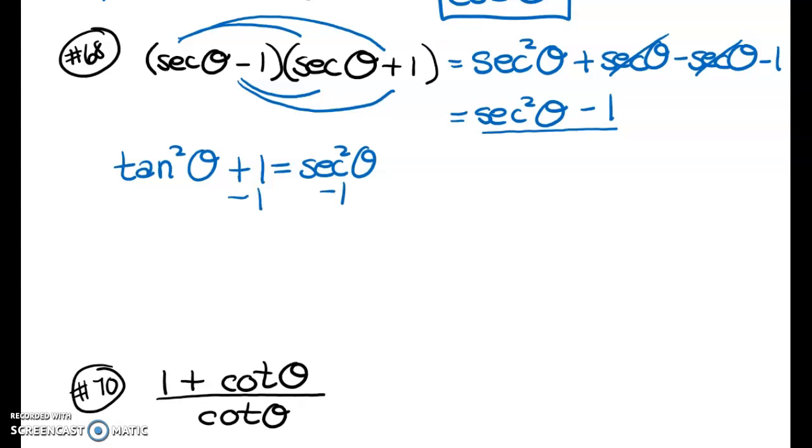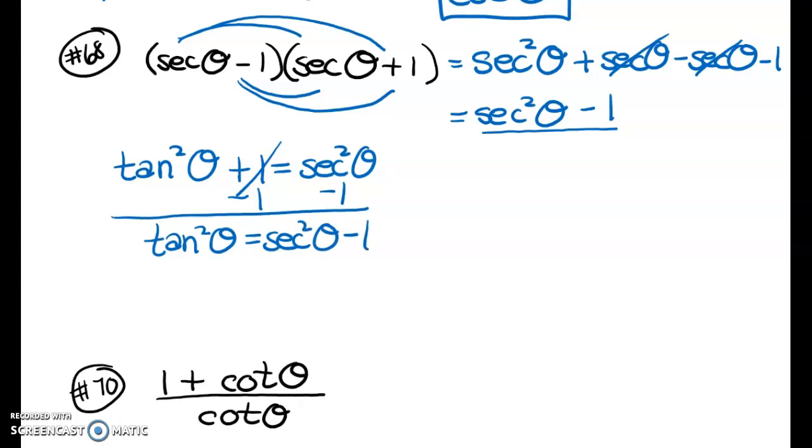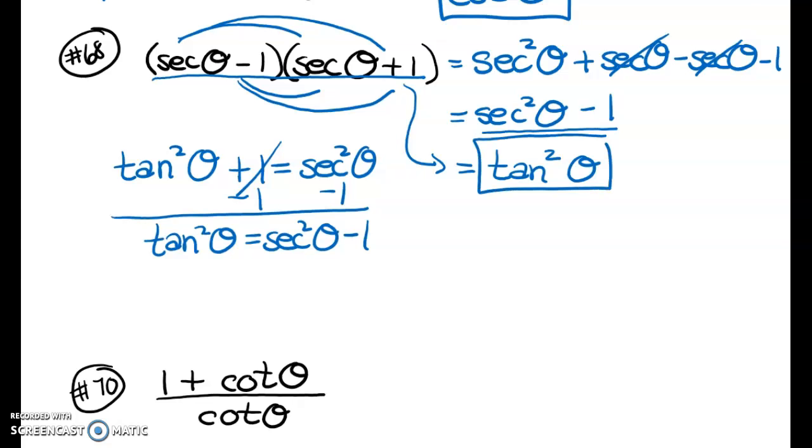And I clearly see that if I subtract the 1 from both sides of this expression, I get secant squared theta minus 1. So this expression really equals tangent squared of theta. So our original expression that looked pretty complicated really equals tangent squared of theta.